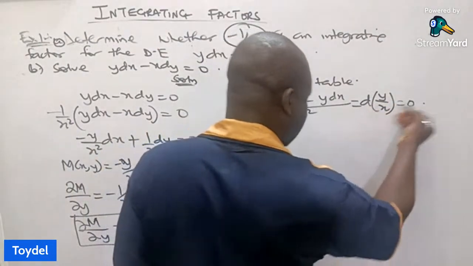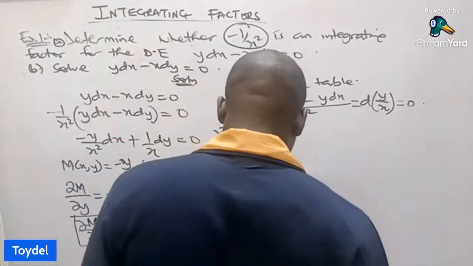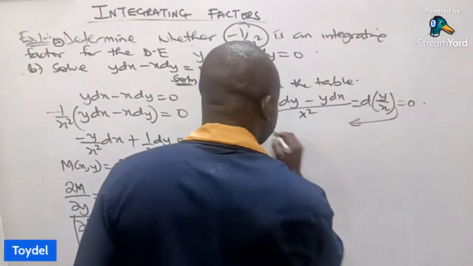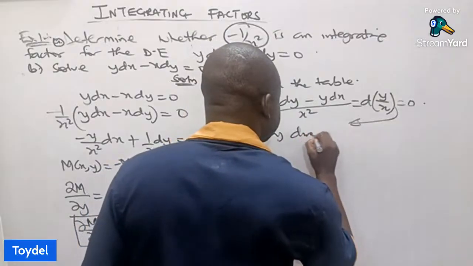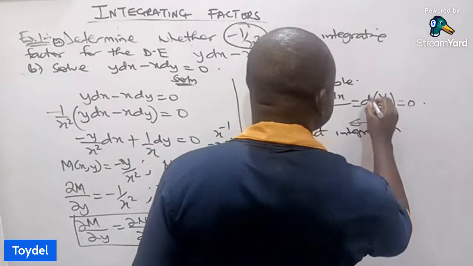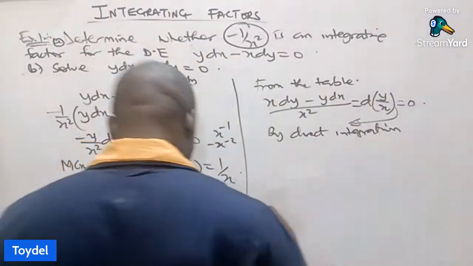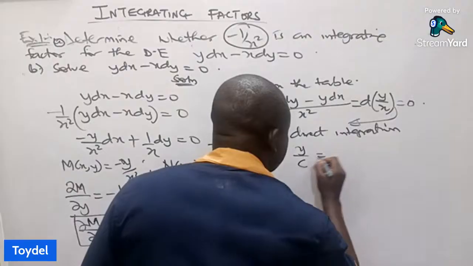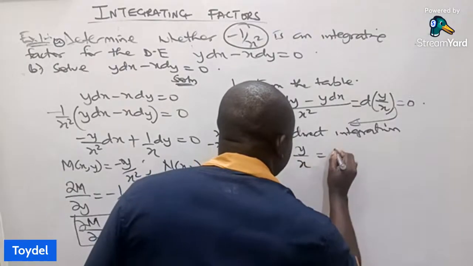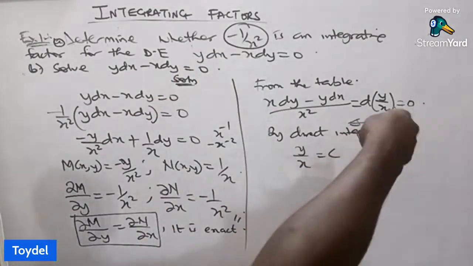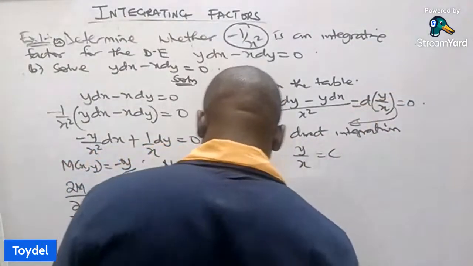So by direct integration here, this is d of y over x. When we introduce integration, at the end of the day we are going to have y over x equal to c, because when you introduce the integral sign, the right hand side is going to give us a constant.